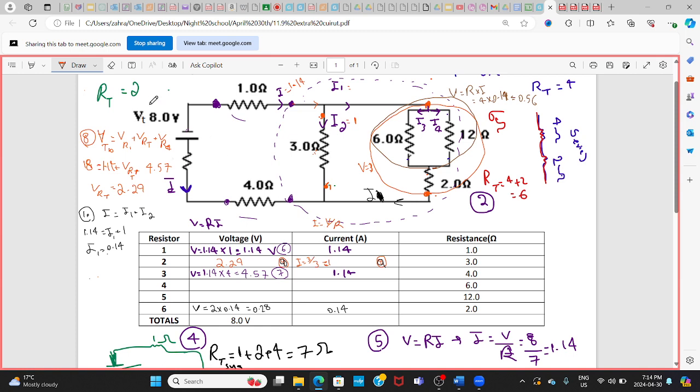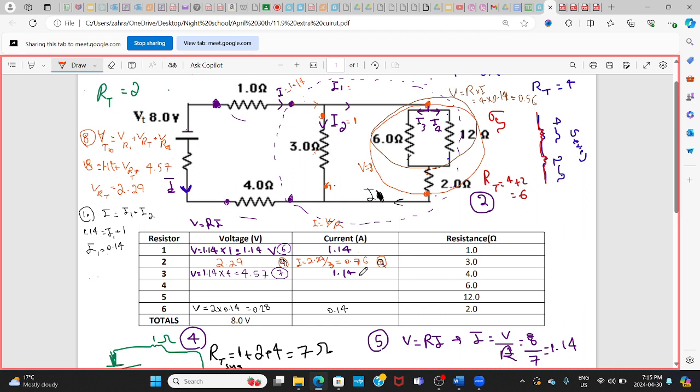And I need to change that. 2.29 over what? Maybe I just check that one more time. So I'm trying to find I, which is V over R. R is 3. That divided by 3 is 0.76.